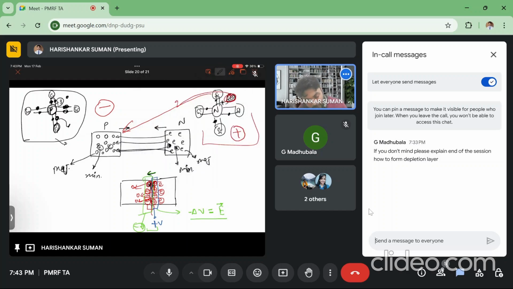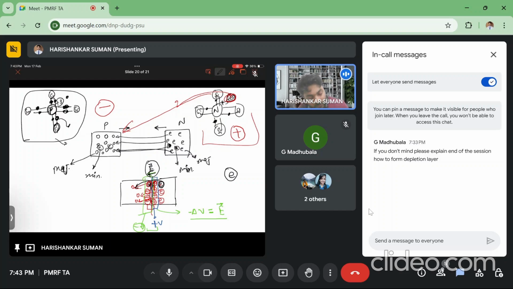Yes, sir. So this electron wants to go to this side due to the concentration gradient, but an electric field is now there. Initially no electric field was there, but now there is one.